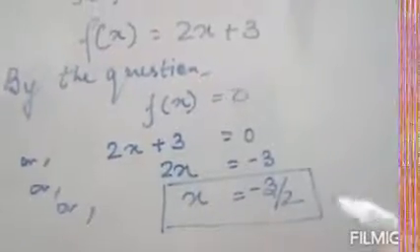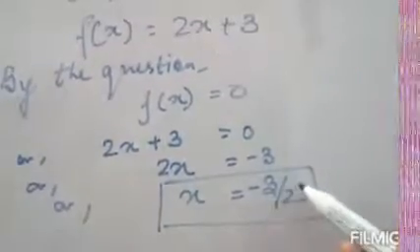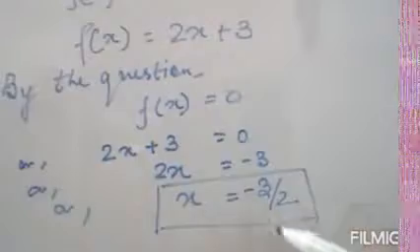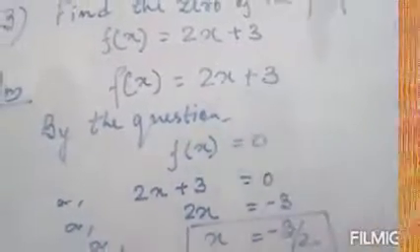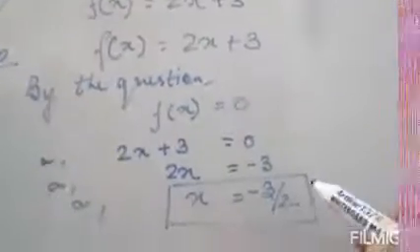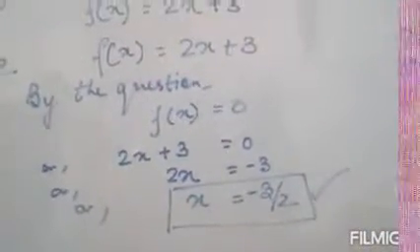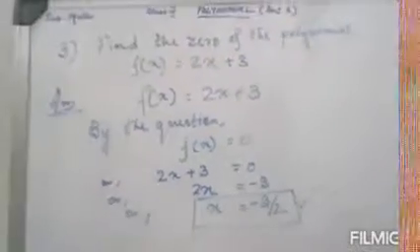That means at x is equal to minus 3 by 2, if I substitute this value in the polynomial, then I will get 0. Hence, this is the 0 of the polynomial. Understood?